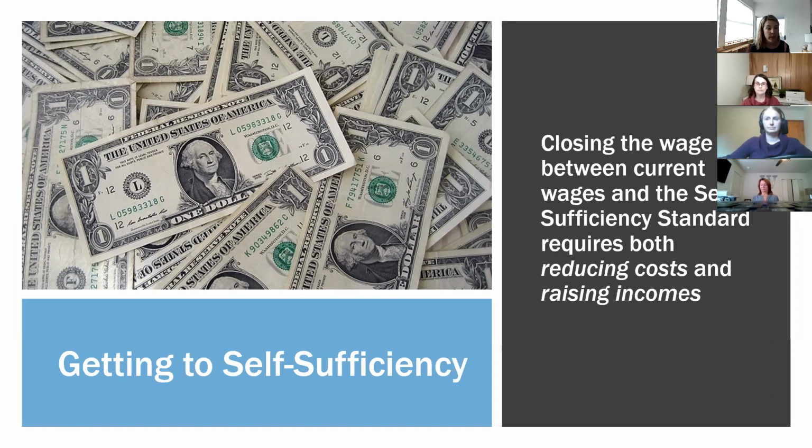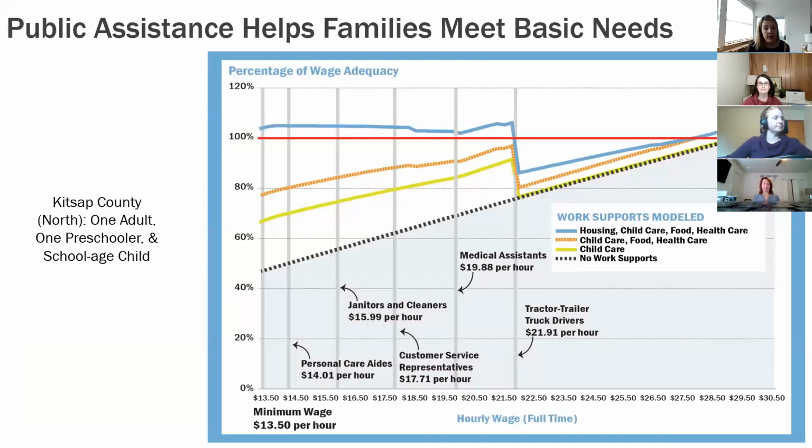And ultimately, closing that wage gap will require public policies that increase education and training. It will support asset building, and it'll ultimately make work pay enough to meet the costs of basic needs. So this final figure that I'll show you here depicts a wage adequacy graph.